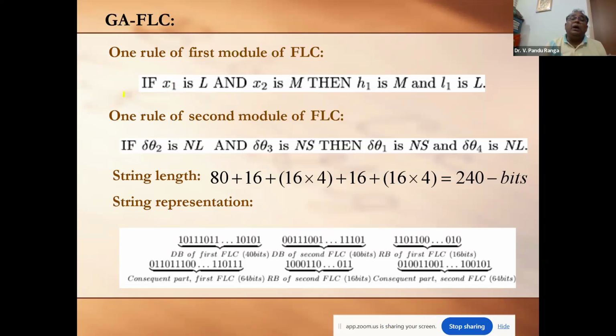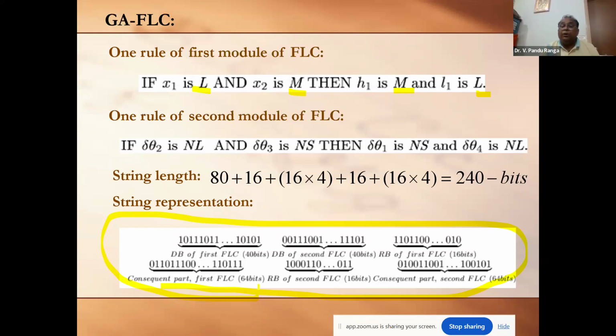That is, if x1 is low and x2 is M, then what is going to happen to the value of h1 and so on. Similarly for the second module also, and this is how we are going to represent a string of the fuzzy logic controller with the help of genetic algorithm.